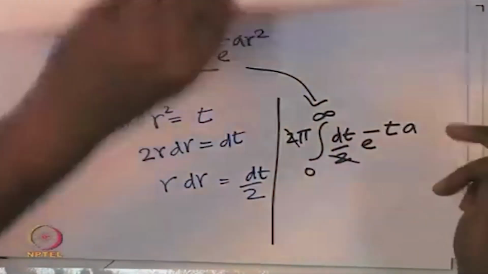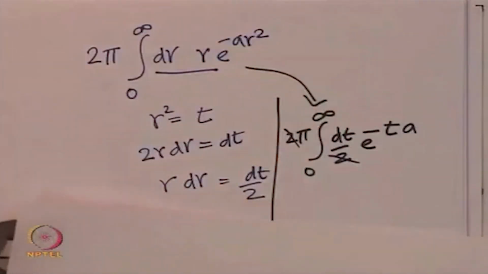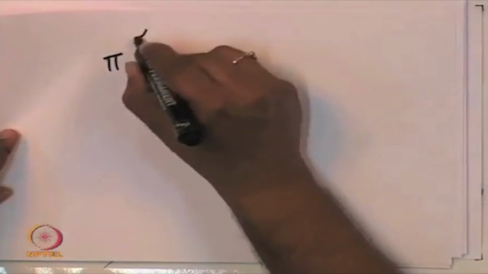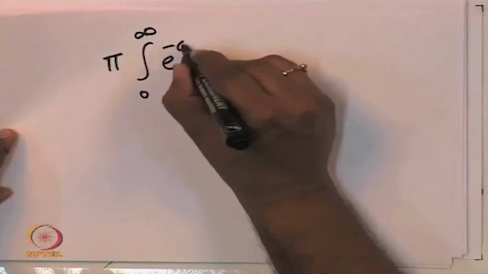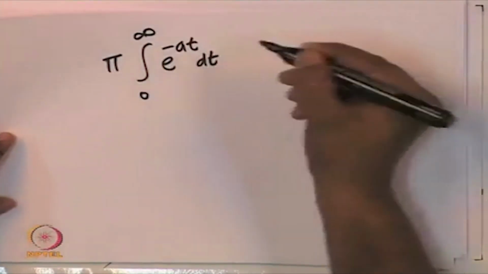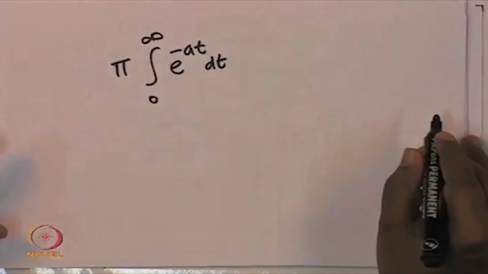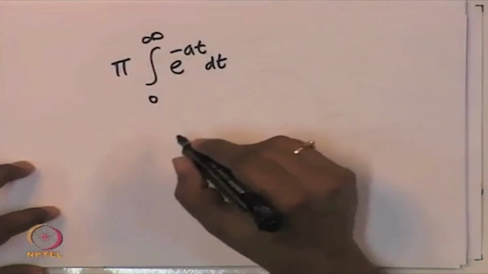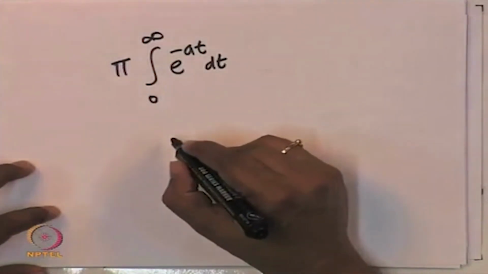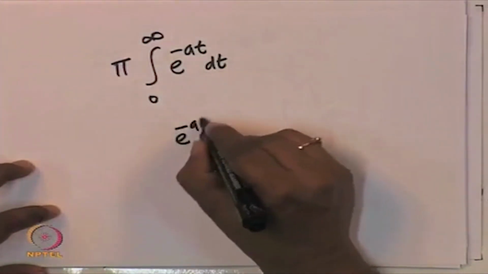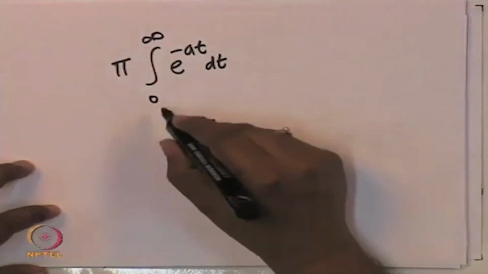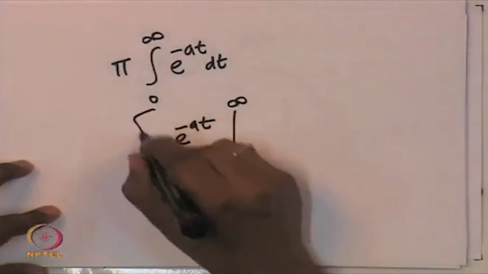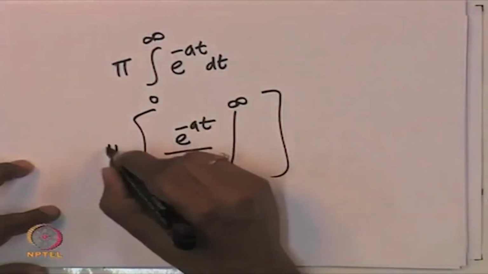This is an easy integral to do. So, what we end up with is pi times the integral from 0 to infinity of e power minus a t dt. This is an easy integral that we all know, which is e power minus a t divided by a, evaluated in the limit 0 to infinity, and you have pi here.